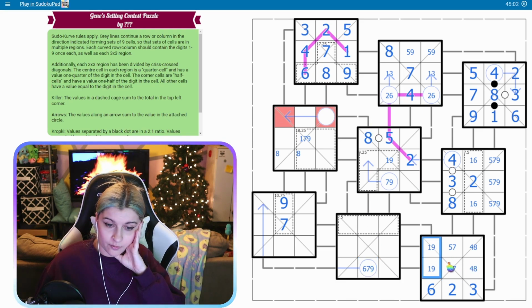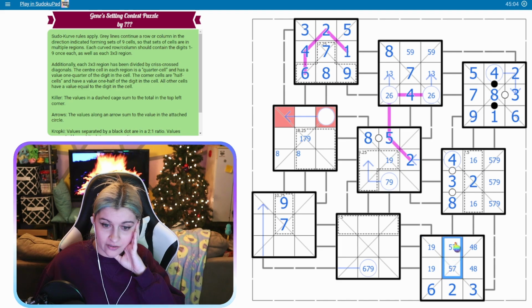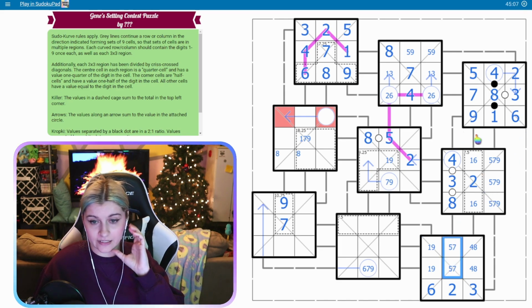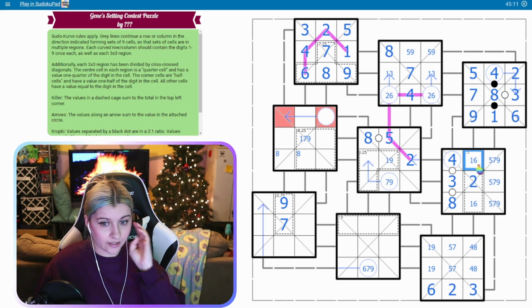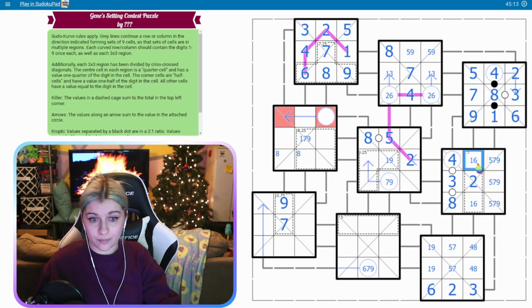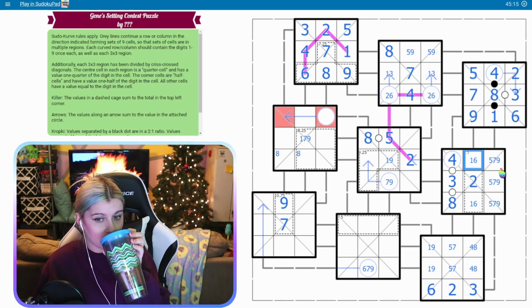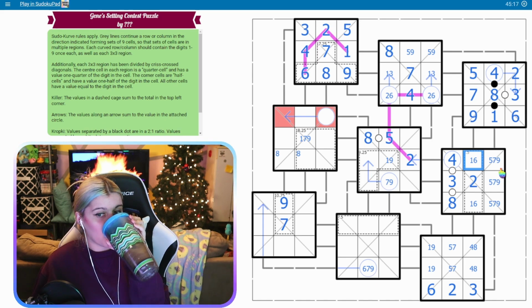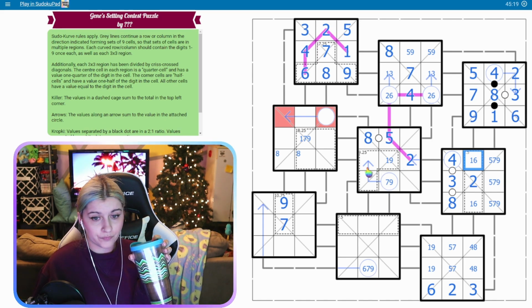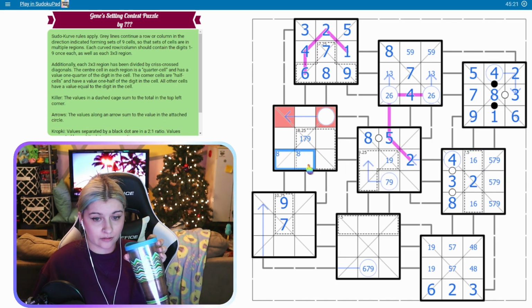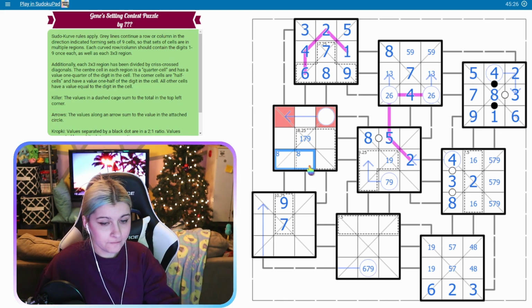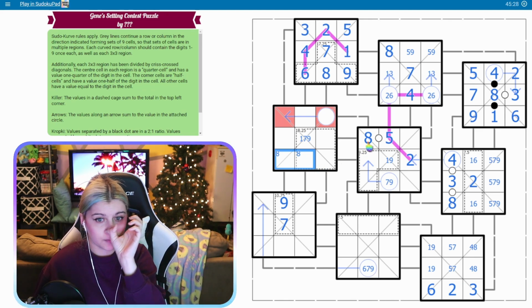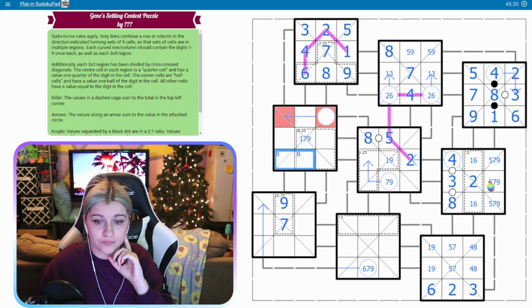Okay, at what point do I think I've scanned everything I can? And I want to start looking at the cages and the bands. I definitely have an 8 here. That's fine. 1359.